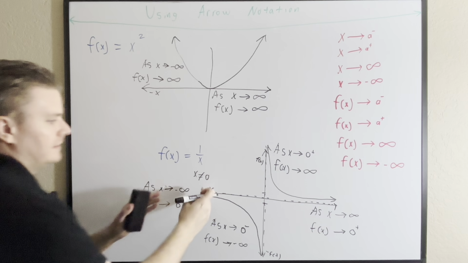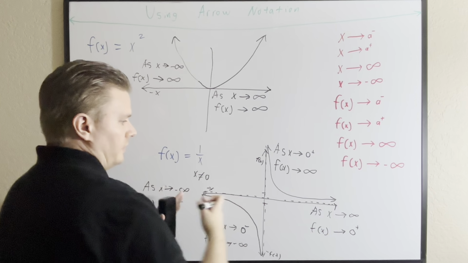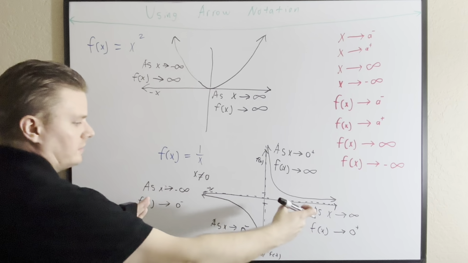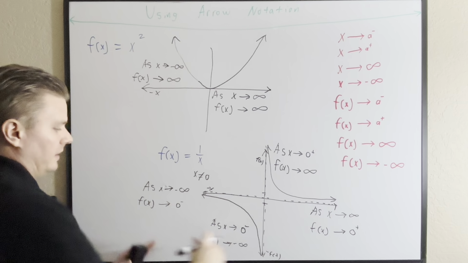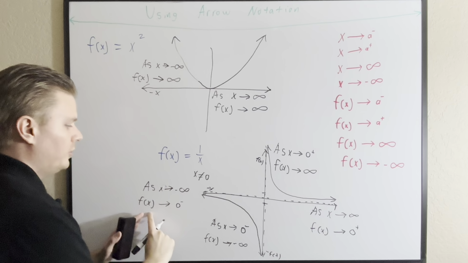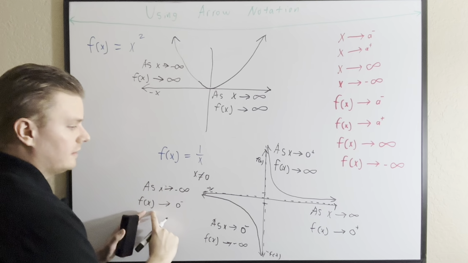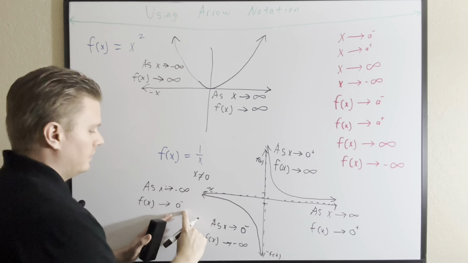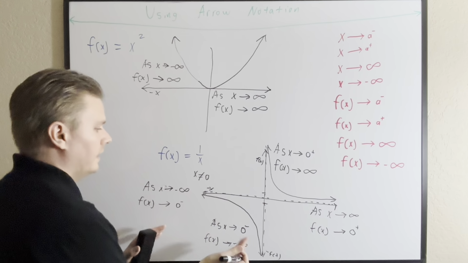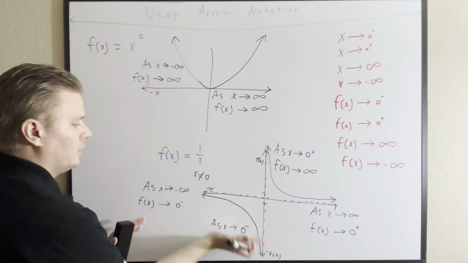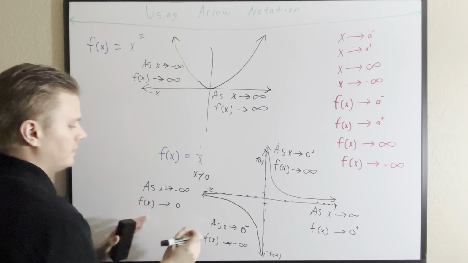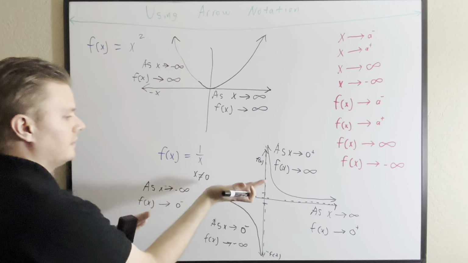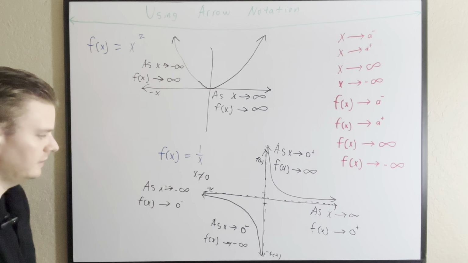Because x is, you know, that horizontal number line, but when it comes to f of x, that's our output, or y if you prefer, but same thing. We have to think of it as the lower side is the negative part. That's why we're approaching from the underside, really.